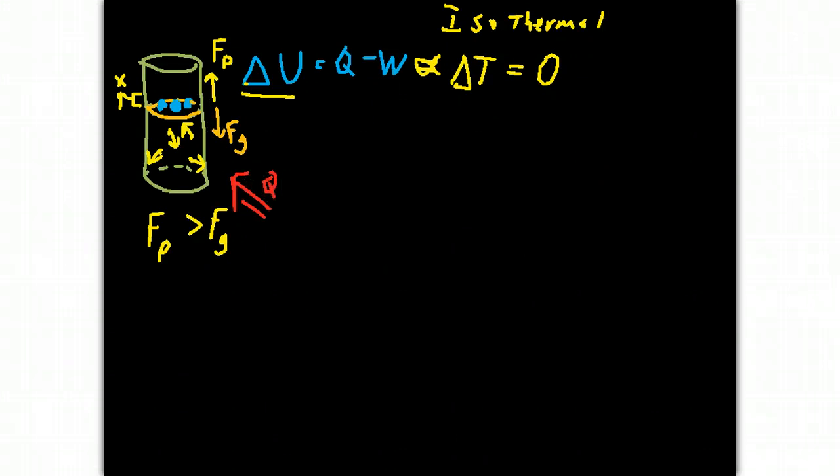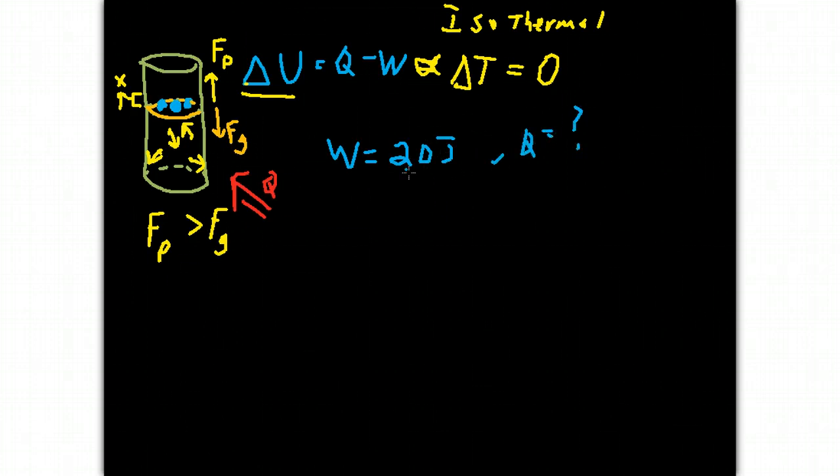So if I rewrite this equation now, let's just say that the pressure, well, actually, let's go back for a second and do this in a very simple way first. Let's say the gas does 20 joules of work.